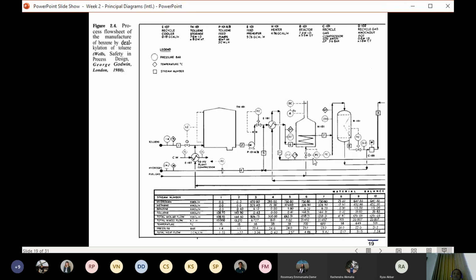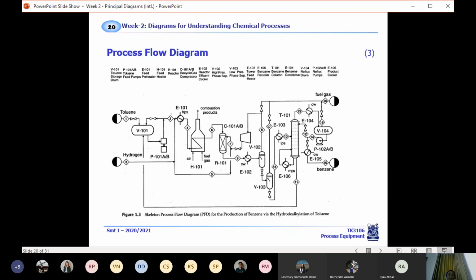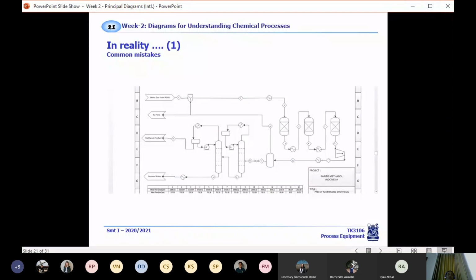So this is the style of the drawing, but the symbols they use are the same. I will continue. I talk quite a lot.